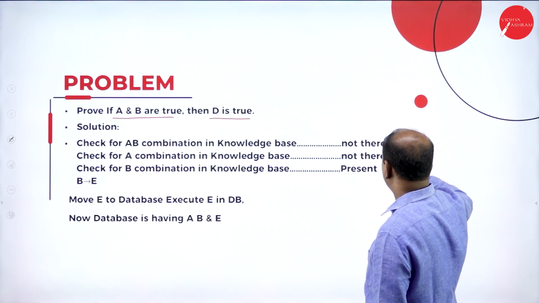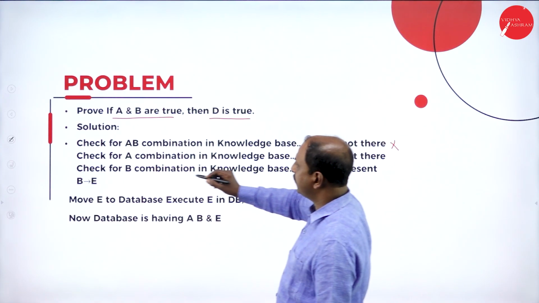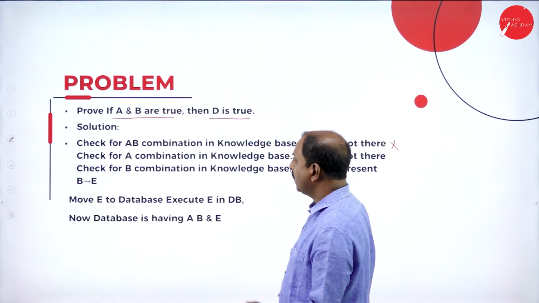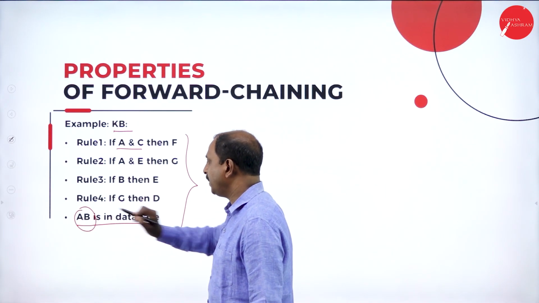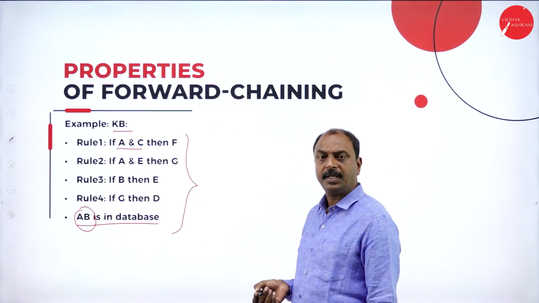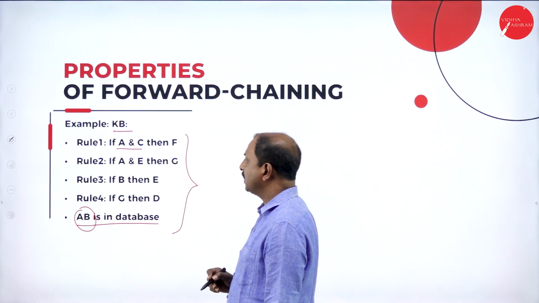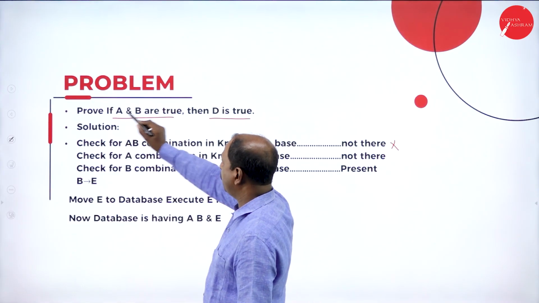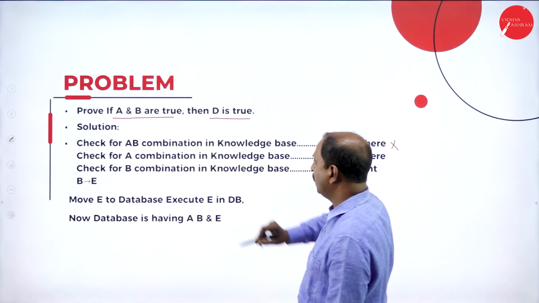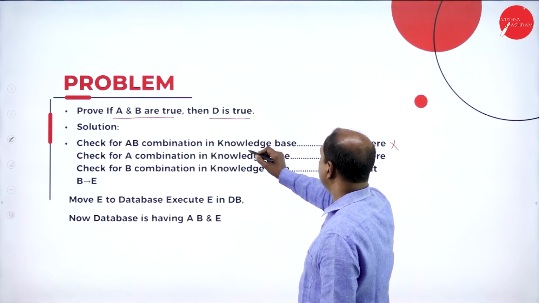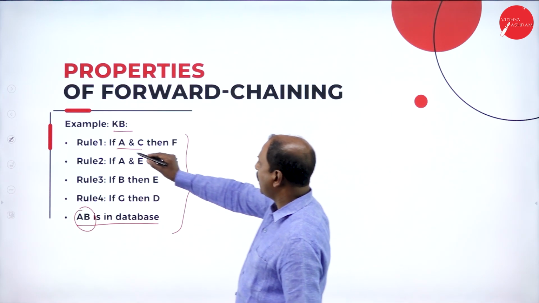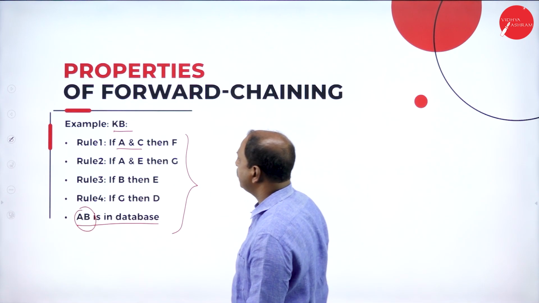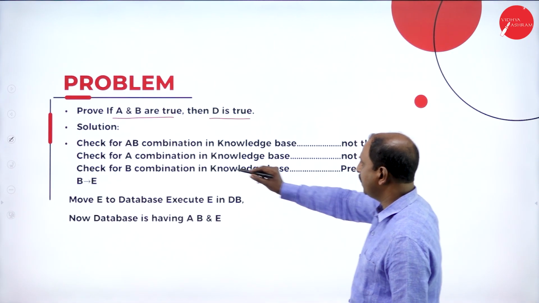Remember that now the database only has A and B. Our goal is to bring D to the database. In that way, first we look at the A and B combination. If you look at the knowledge base, A and C is there, A and E, B and C. See, there is no combination of A and B.